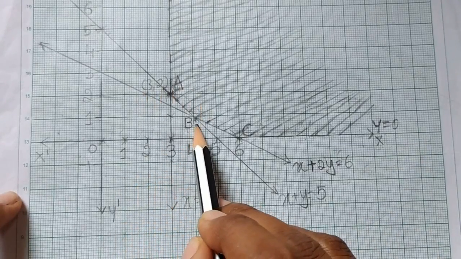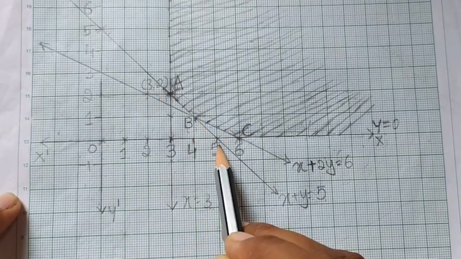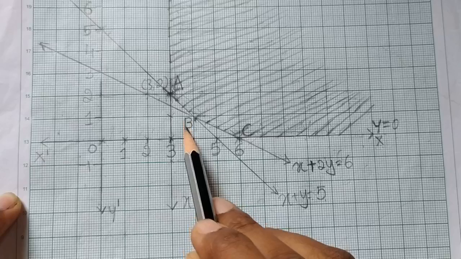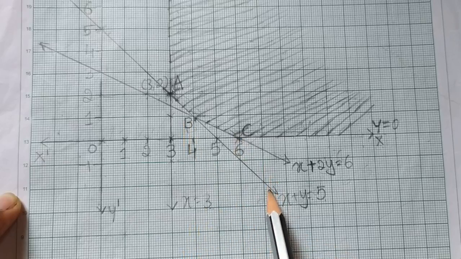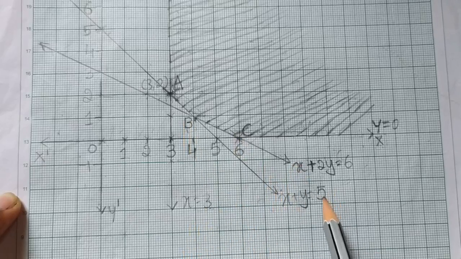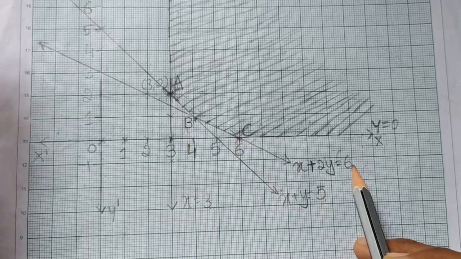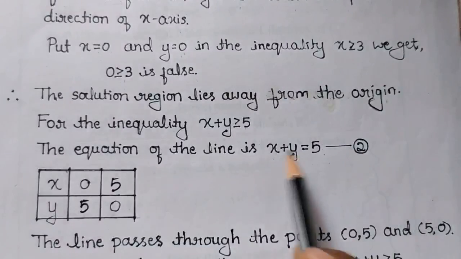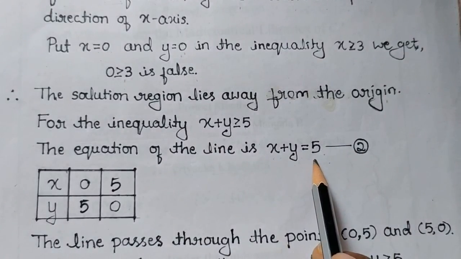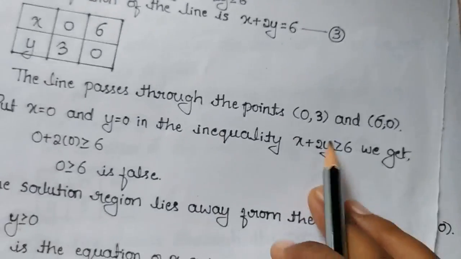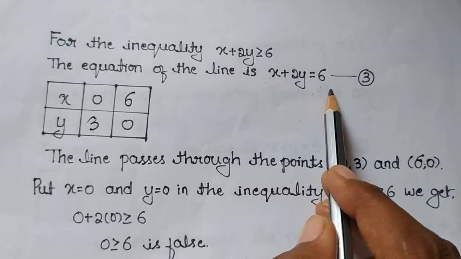B is the point of intersection of these two lines. So the coordinates of B are determined on solving these two equations, equation 2 and equation 3. Equation 2 is x plus y equal to 5. Equation 3 is x plus 2y is equal to 6.